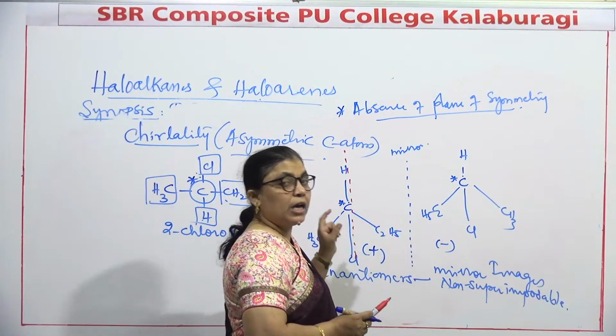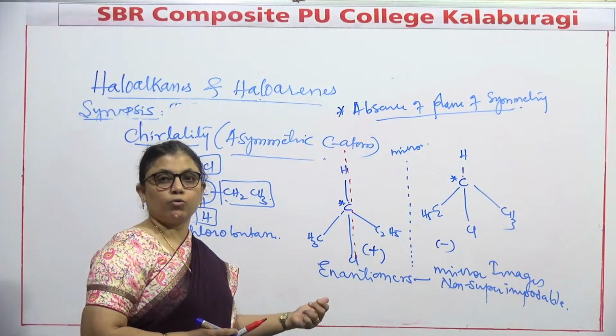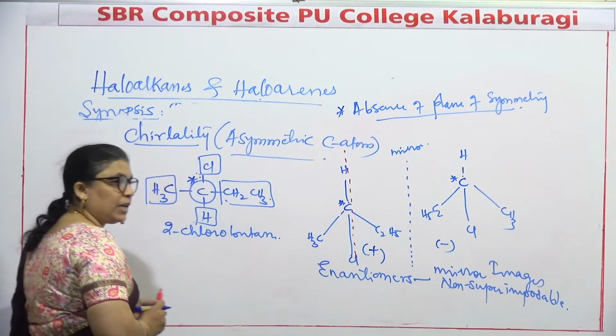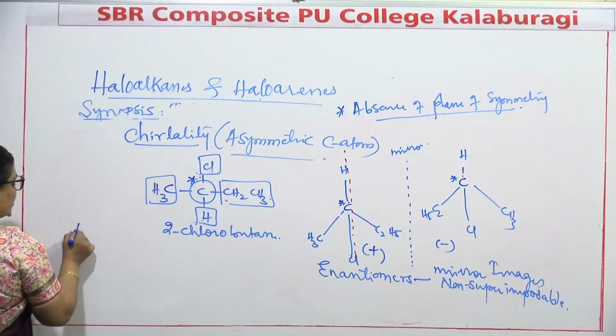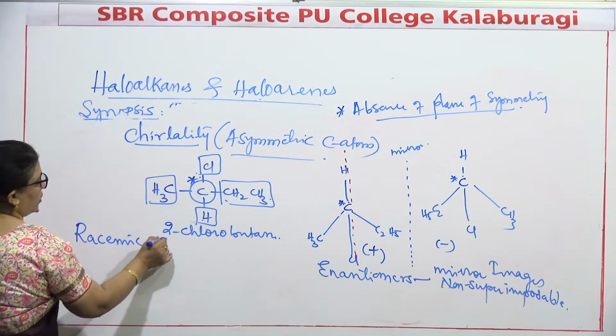That means an equimolar solution of dextrorotatory and levorotatory, which are optically active, converts into something optically inactive, called racemization or a racemic mixture.